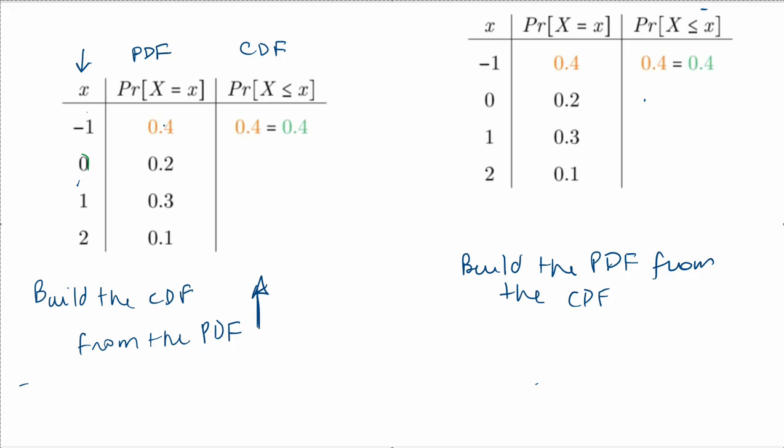So in the PDF, I'm telling you that x can assume -1, and when it does, the probability of x being equal to -1 is 0.4. Okay? Cool? Now, what value should I complete in my CDF? Well, look at the question. The CDF asks what's the probability of having my variable being less than or equal to -1, right?